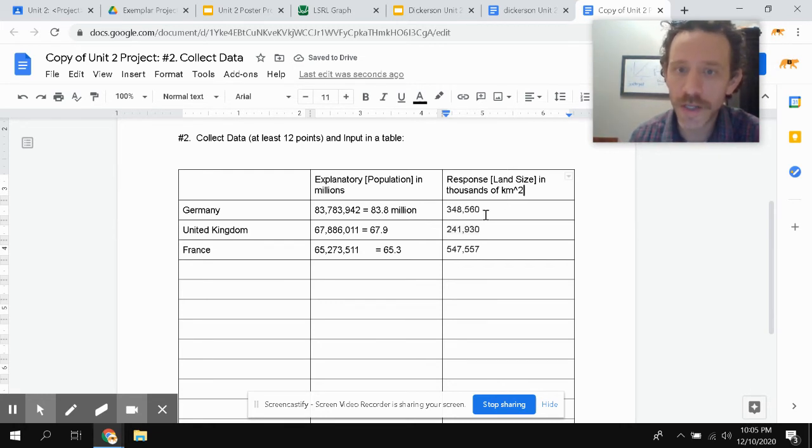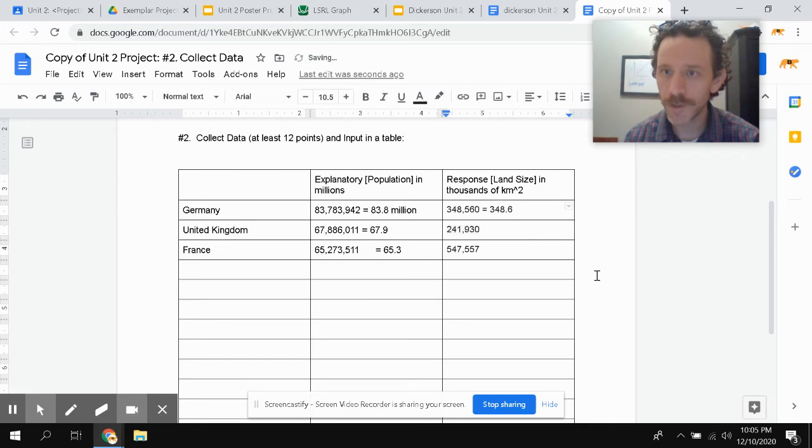So now that it's in the thousands, I'm going to rewrite this as 348.6 thousand, right? That's 348,600, okay? And the next one, 241.9 thousand kilometers squared, right?